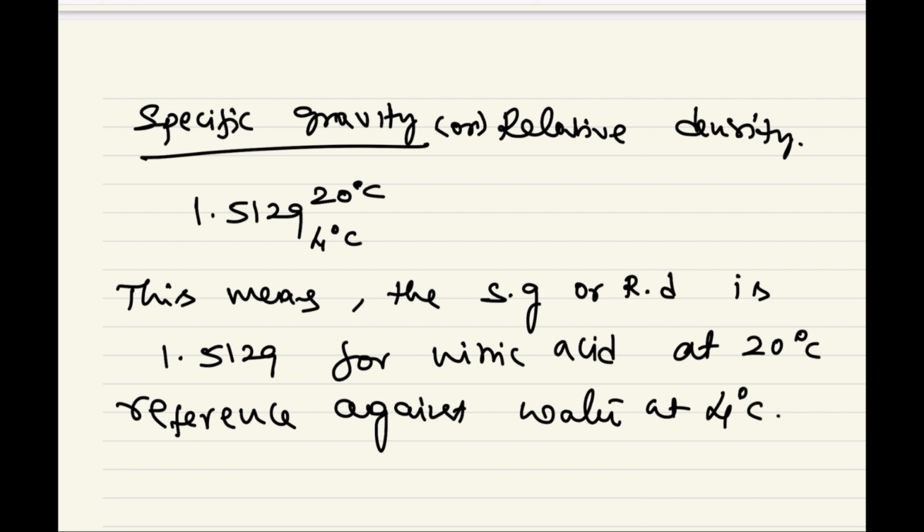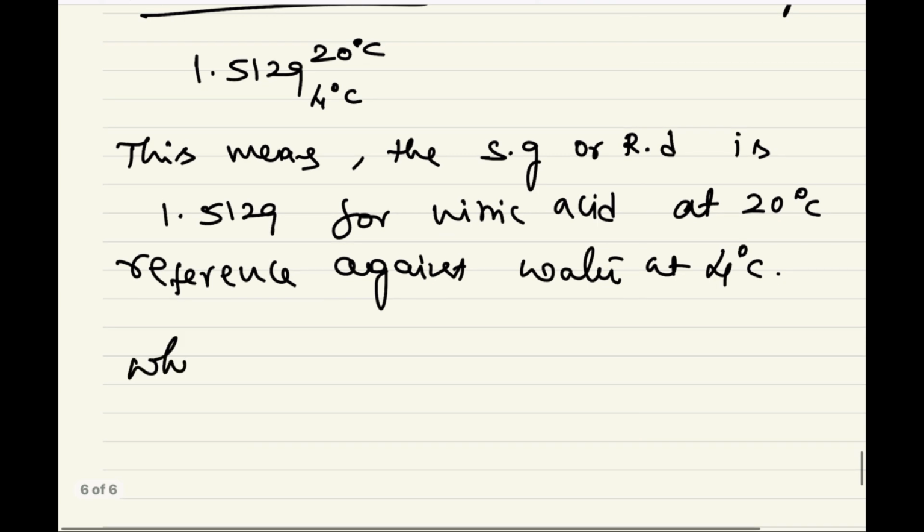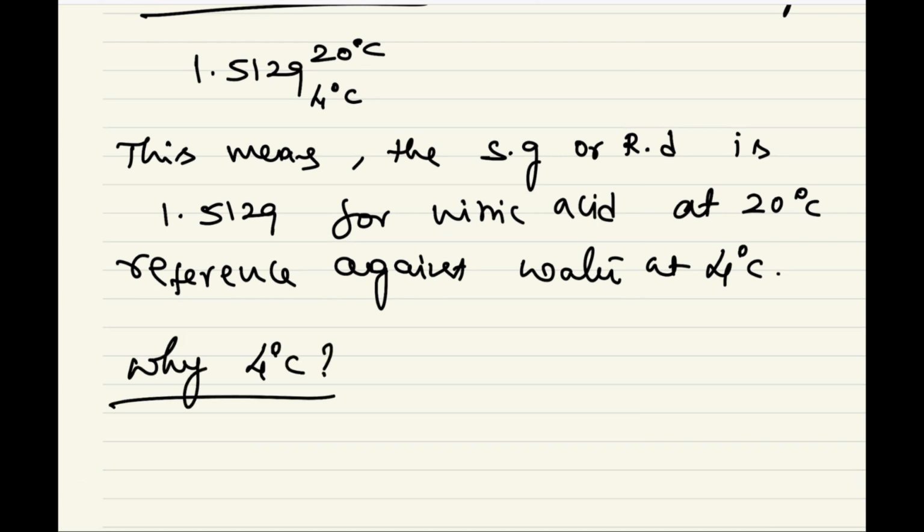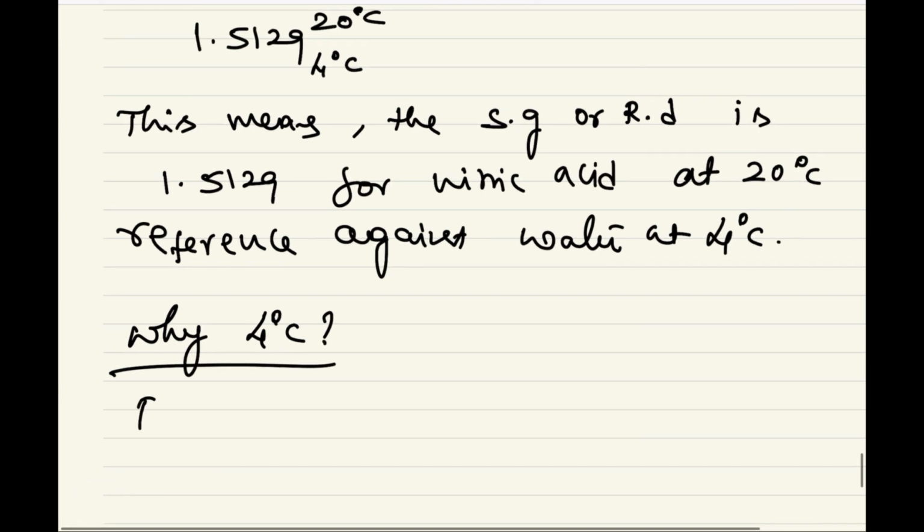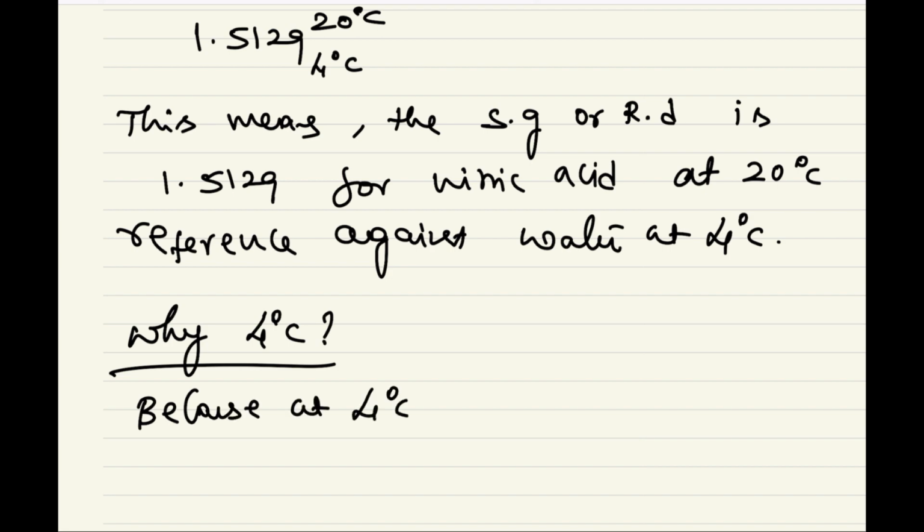Why 4 degrees centigrade? The next question is why 4 degrees centigrade? It's very obvious. All of us get the question, why can't we take it at 20 degrees centigrade? Why do we need to take it at 4 degrees centigrade? Because the density of water at 4 degrees centigrade is exactly 1 gram per centimeter cube.